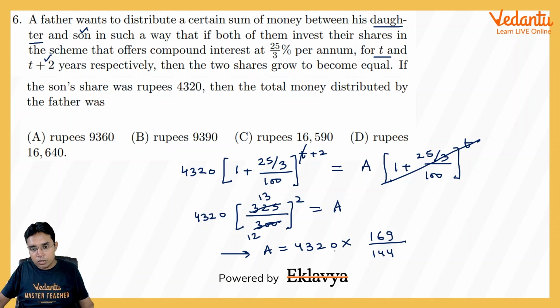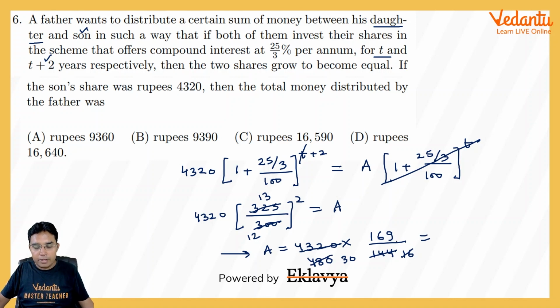So this number 4320 is divisible by 9. 4 plus 3 is 7, 7 plus 2 is 9. Yes. So if I cancel 9, 9 4s are 36, 7, 9 8s are 72 and 0, and it will be 16. And this 16 will cancel 480 30 times.